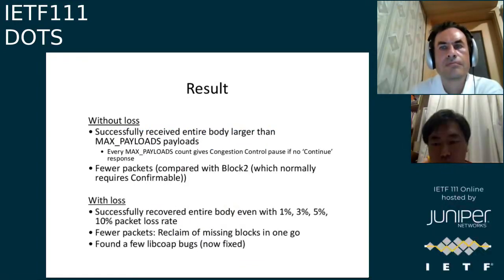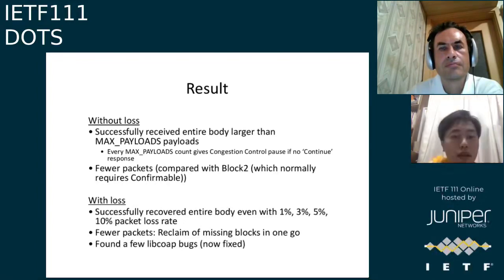Then here is the summary of the interop result. In the without-loss cases, the client successfully received the entire body, which is larger than max payload. Every max payload count gives a congestion control pause if there is no continue response. It also revealed that it only requires fewer packets compared with existing Block2, which normally requires confirmable messages of CoAP.